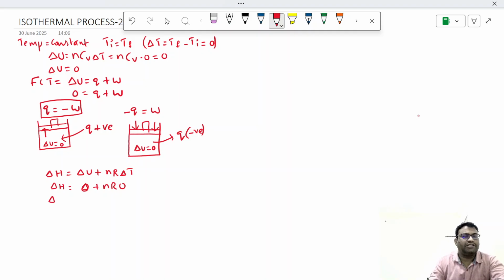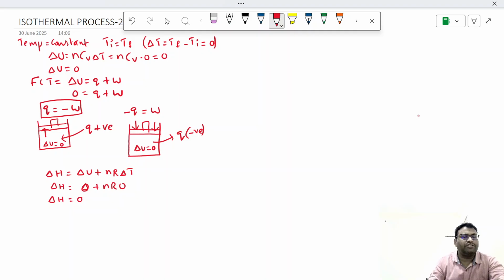So delta H is also equal to 0 in isothermal process. What is delta H? Enthalpy change. Internal energy change is 0 and enthalpy change is also equal to 0.